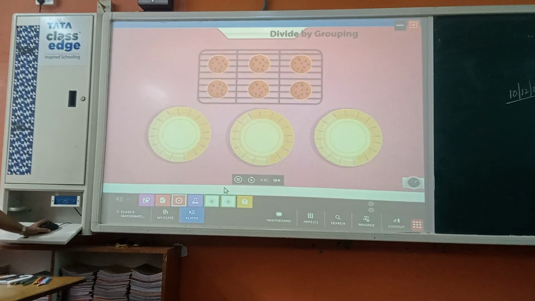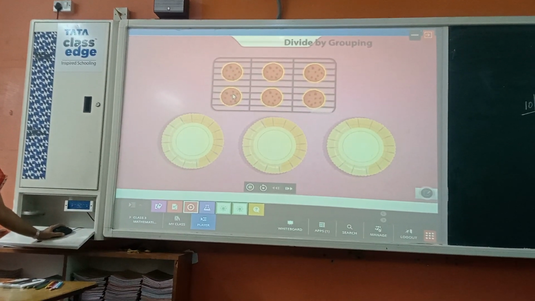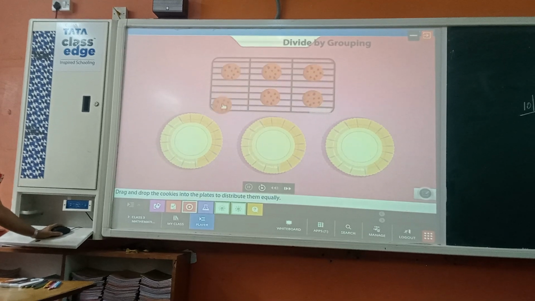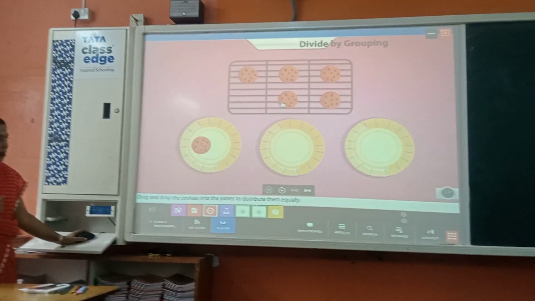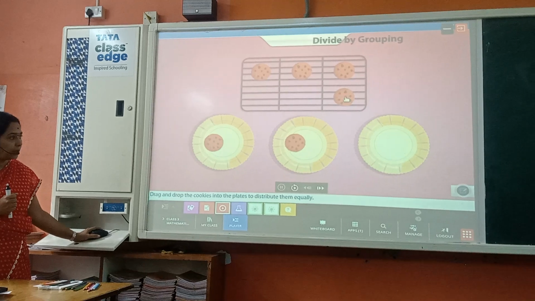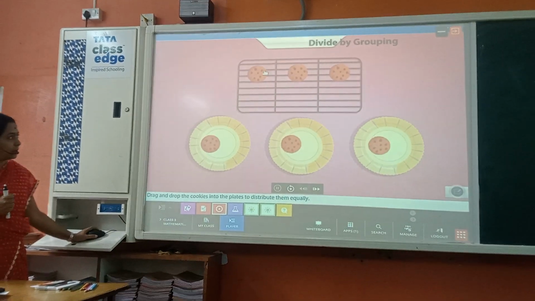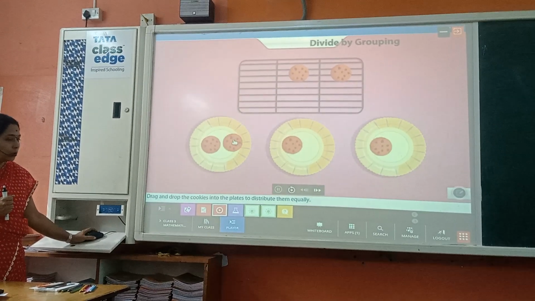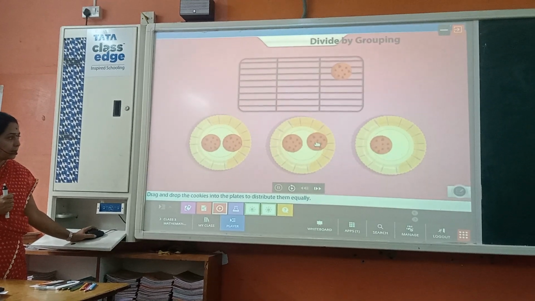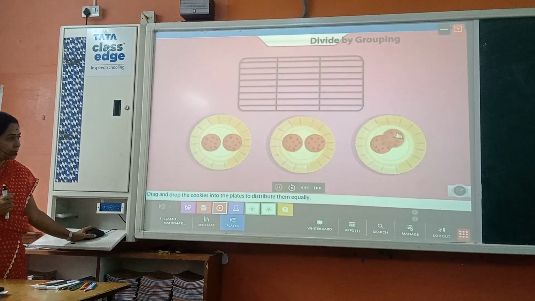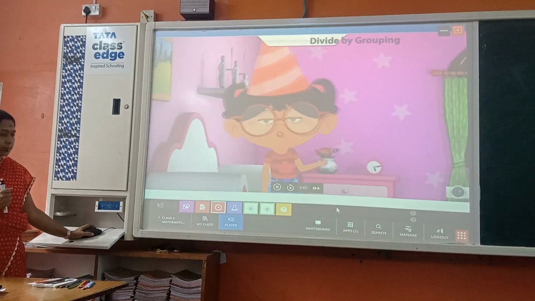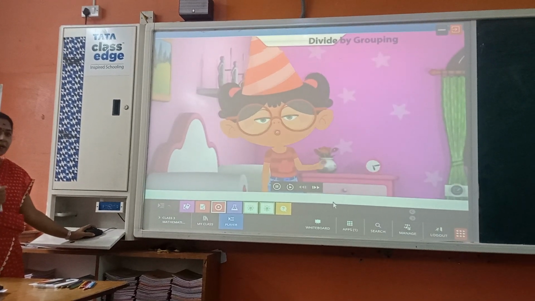I can drop the cookies into the plate to distribute them equally. See, 1 cookie, next the next plate, and then the next plate. Now again, the 4th cookie in the first plate, then next plate, and then the next plate. Great job! So each got how many cookies?